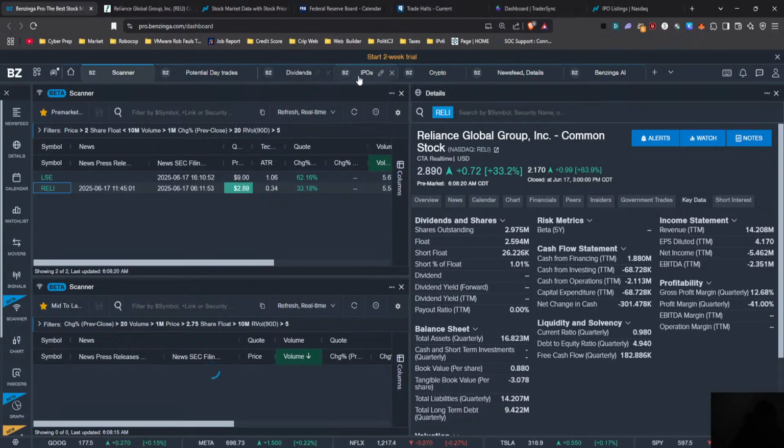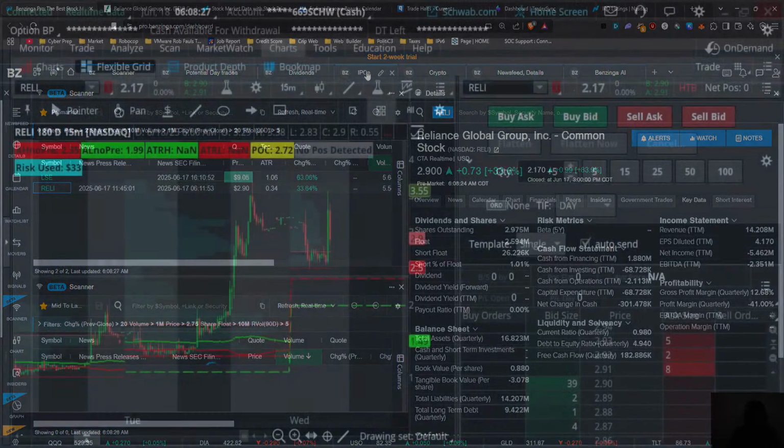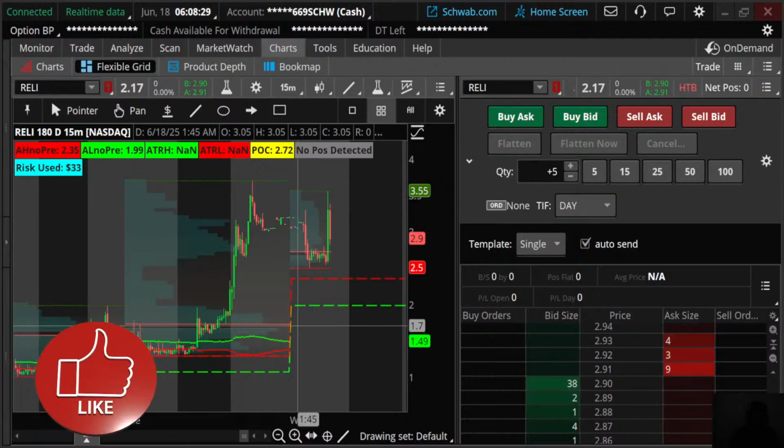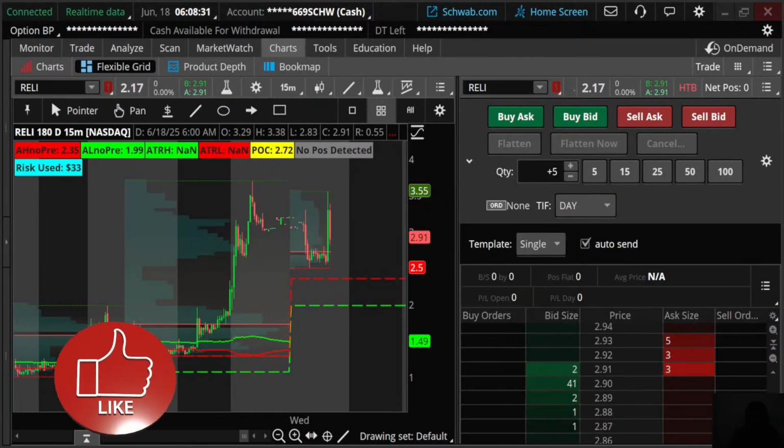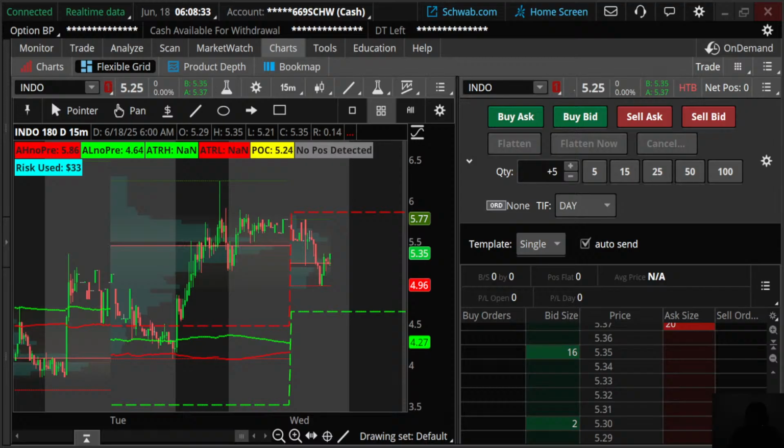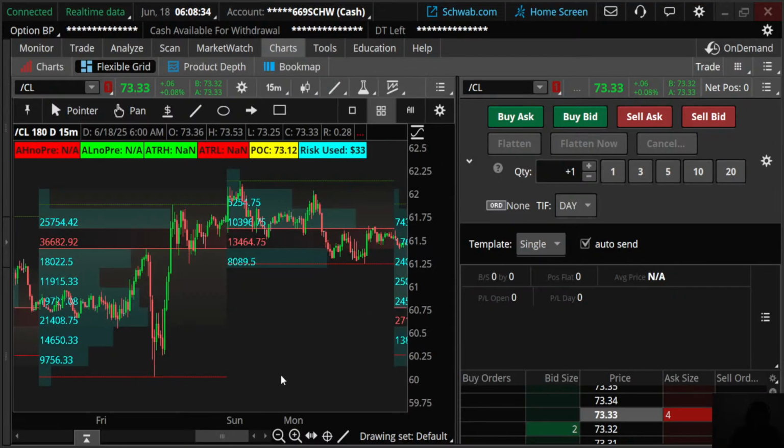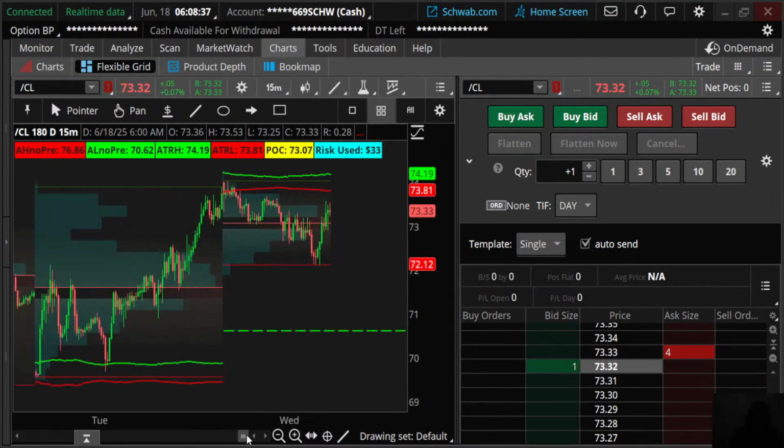Let's go look at what was going on yesterday here. So below that, let's go check what oil, or energy, is doing today. Energy closed up, kind of looking bullish yesterday.